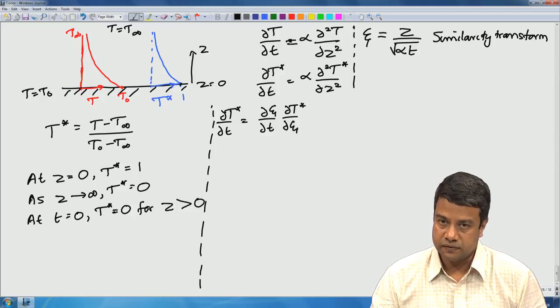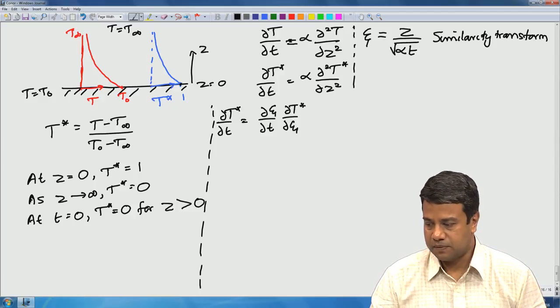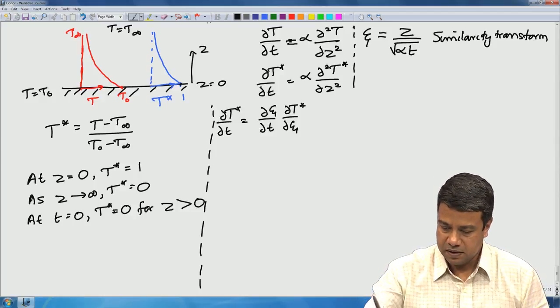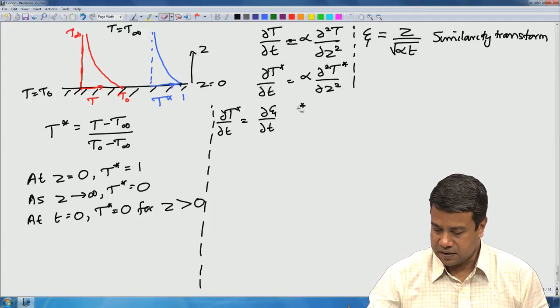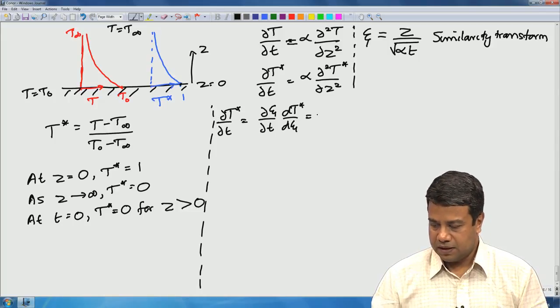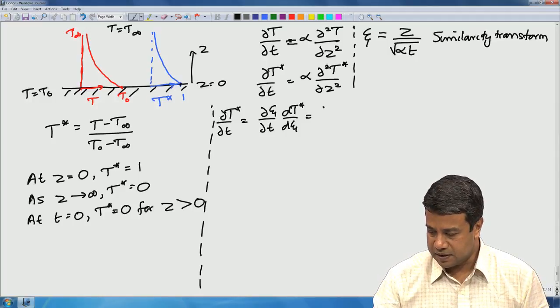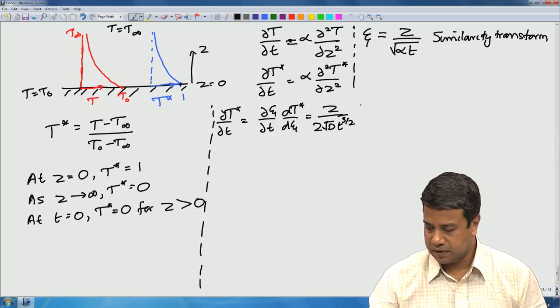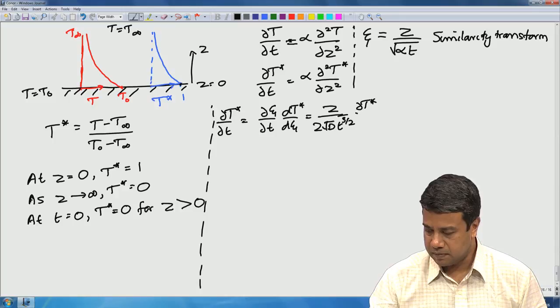It does not depend individually on z and time, but only through this combination. So, in this case I can write this as just a total derivative. And I can integrate and differentiate this. I will get z by 2 root alpha t to the 3 halves, partial T by partial psi.